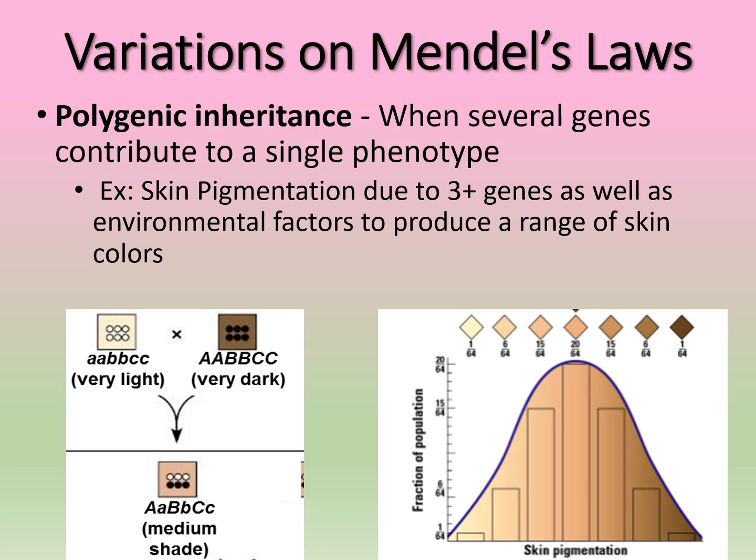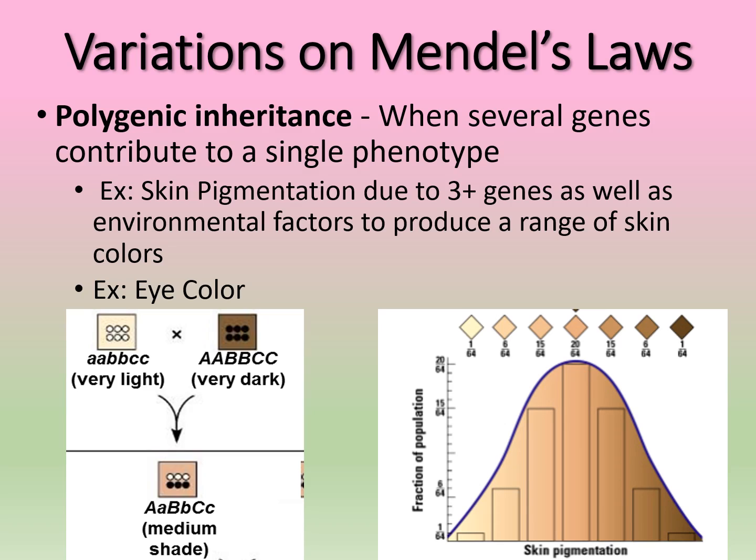Right? So this is where that incomplete dominance comes into play, but now we're talking about multiple genes at the same time that are all going to affect pigmentation. Another example is eye color. Okay, so we do have multiple genes that contribute to eye color, so it's not black and white for eye color either.